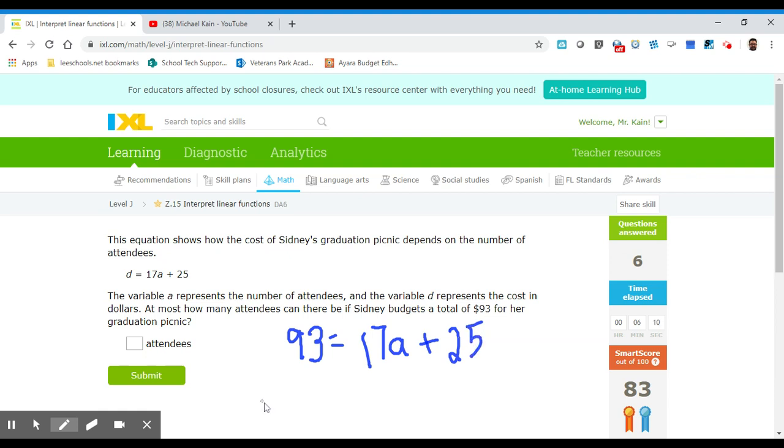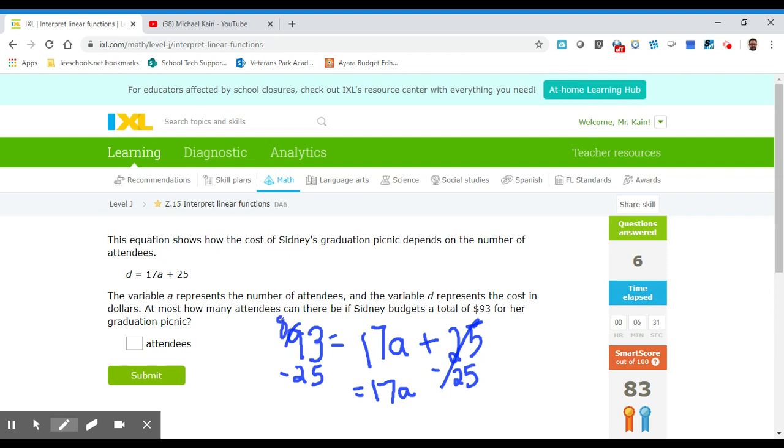So now we probably need to use algebra, right? We could plug a number in here, 17 times what plus 25. But let's just do what we know. Subtract 25 from both sides. Cancel that out.